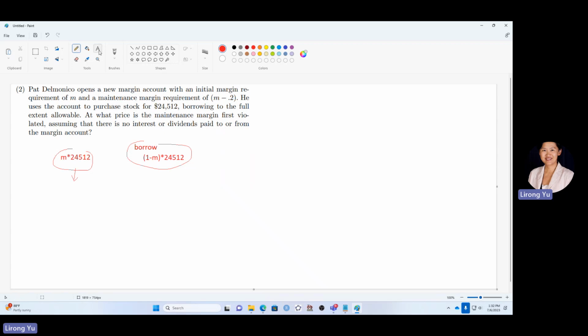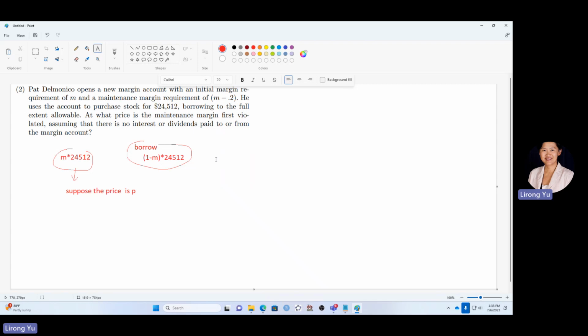Obviously that's when the price is lower. So suppose the newer market price is lower, and let's say the price is P. So P is much lower than 24512, the market value of the stock. We don't know how many shares are in here. We don't care about the actual value of it. So suppose the new price is P, it changes our equity.